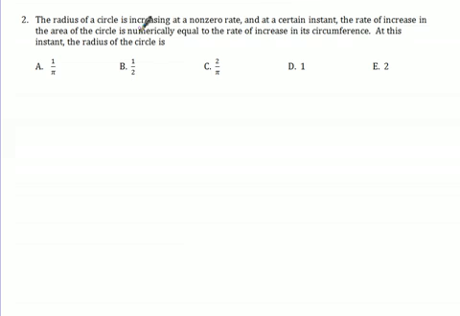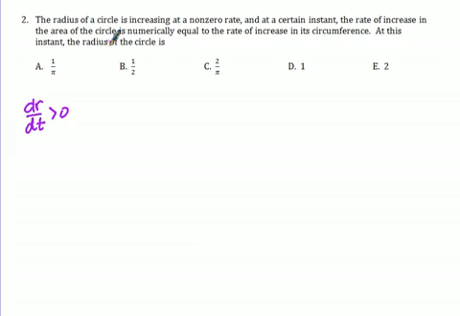This tells me that the radius of the circle is increasing at a non-zero rate. So that means that there is a dr/dt, a rate of the radius, and it has to be positive. Then we have this statement, the rate of increase in the area.